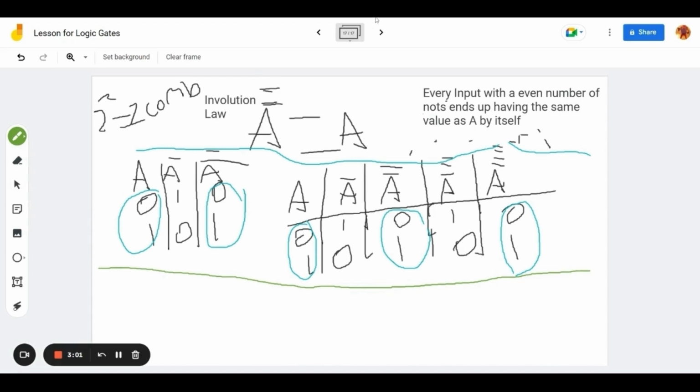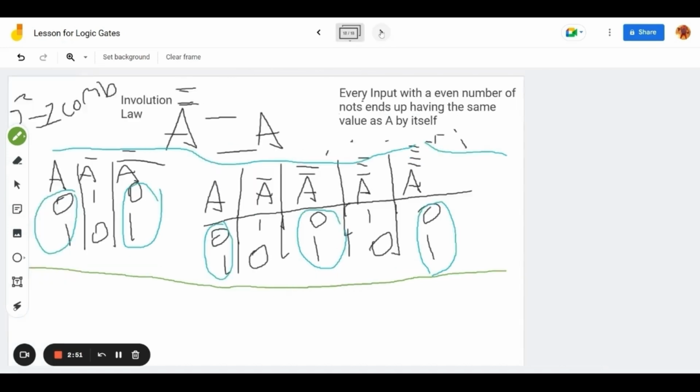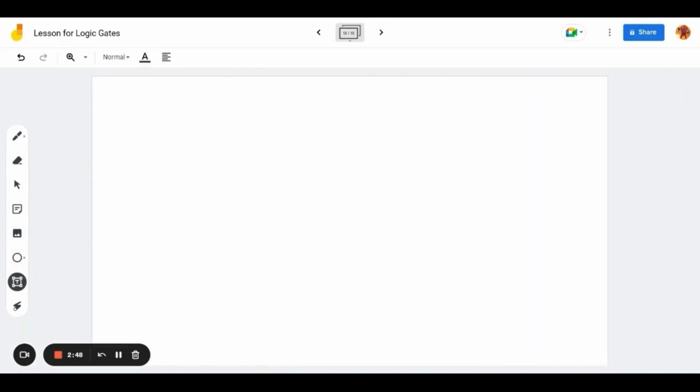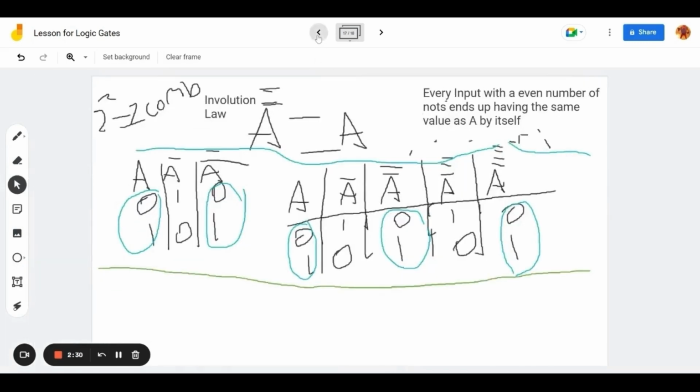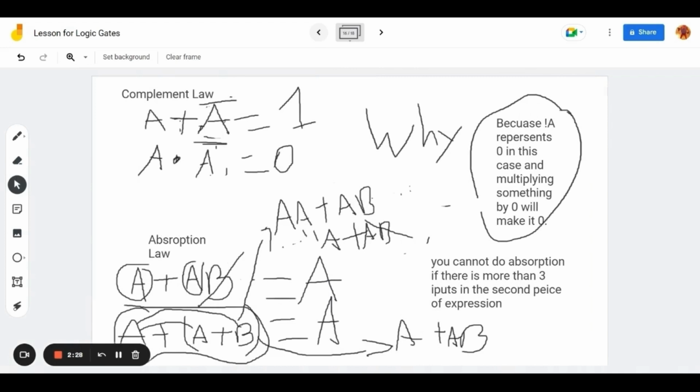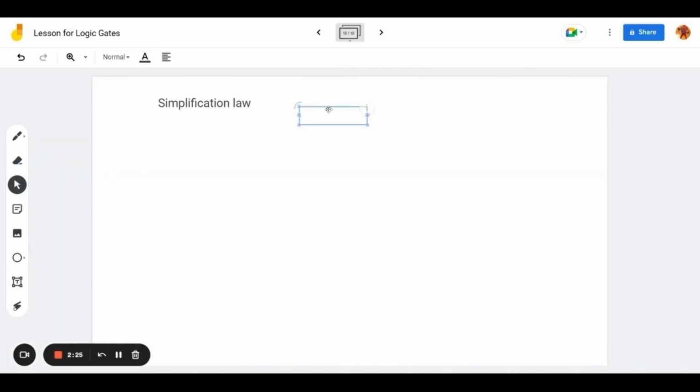The next law I would like to talk about is the simplification law. My bad, simplification law. I'll do it on the next slide. Simplification law is basically the same thing as our absorption law, except with knotted inputs.